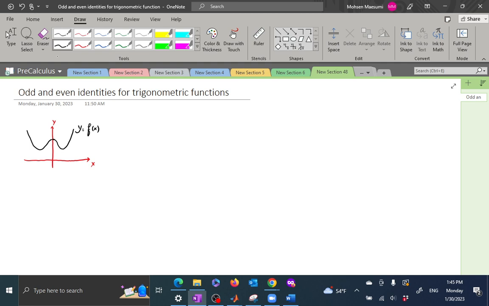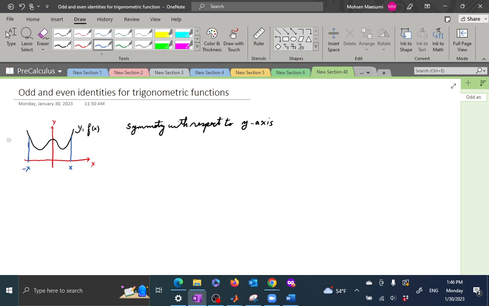What do we mean by symmetry with respect to the y-axis? Well, it simply means that if you look at x on the right, and then of course minus x on the left, or vice versa, then the height of the function at both sides is the same.